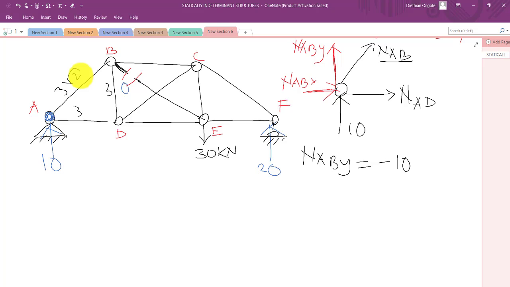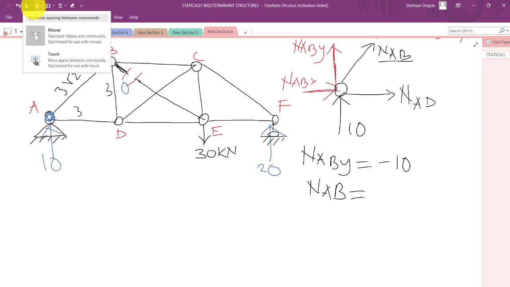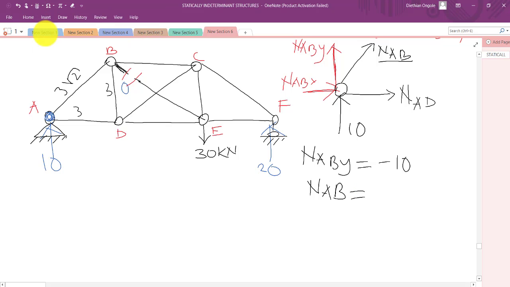So with that in mind, I can deduce that the force on the member N_AB would be given by 10 times root 2. That gives me N_AB equivalent to 14.14, which is approximately equal to 14.